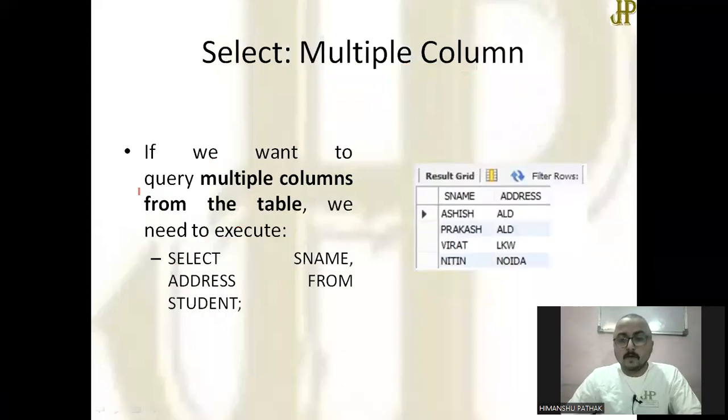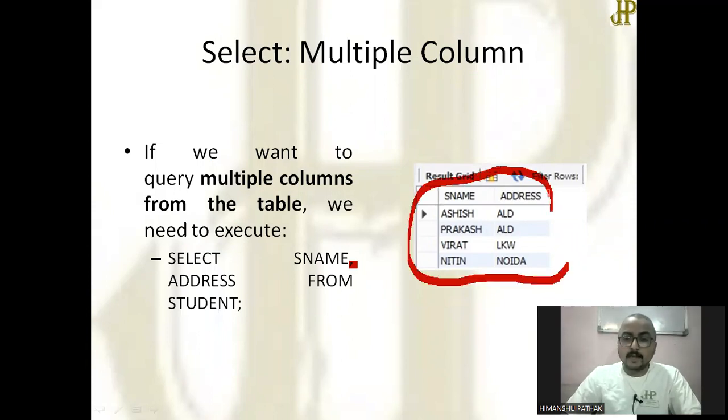Now, multiple columns. For multiple columns, you have to apply a comma after each column name. So here I want two columns, student name and their address. So what is to be done? Select column name 1, comma, column name 2 from the table where data is kept.